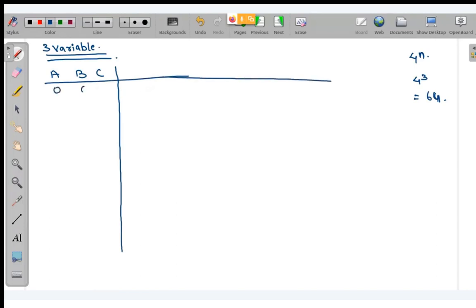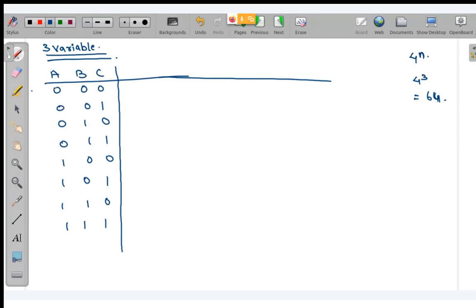You will have 000, 001, 010, 011, 100, 101, 110, and 111. That means this corresponds to A complement dot B complement dot C complement. This will correspond to A complement dot B complement dot C. So like this you will have functions.